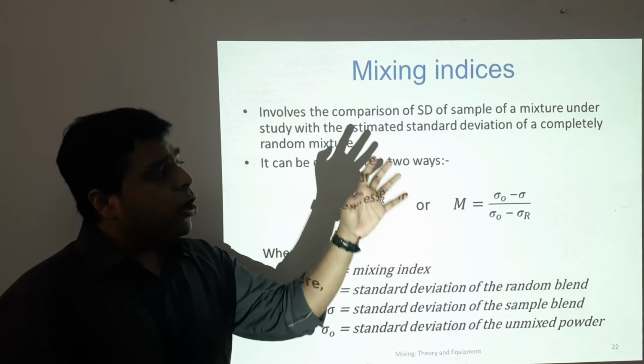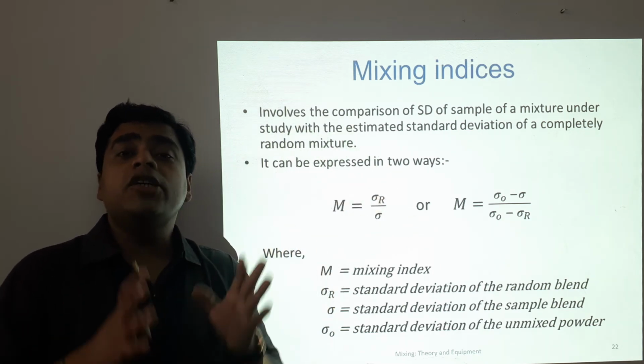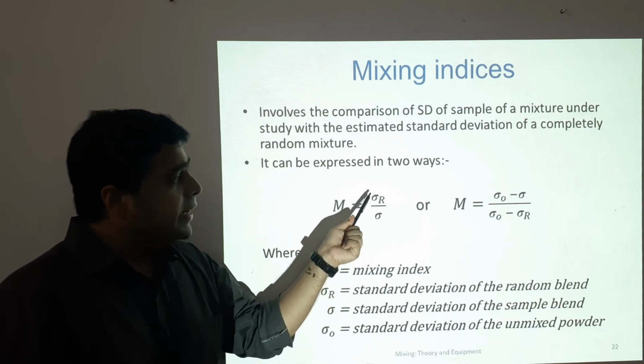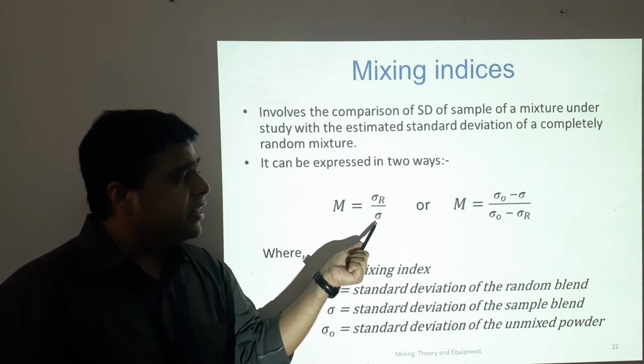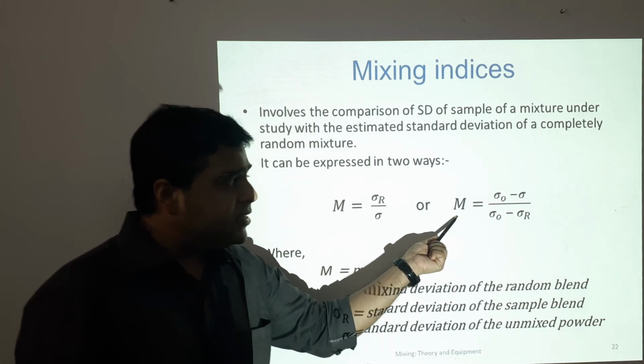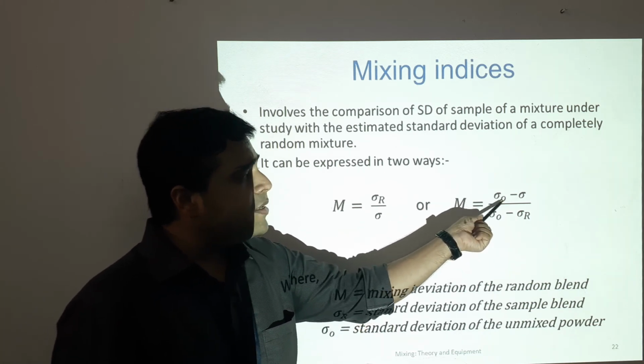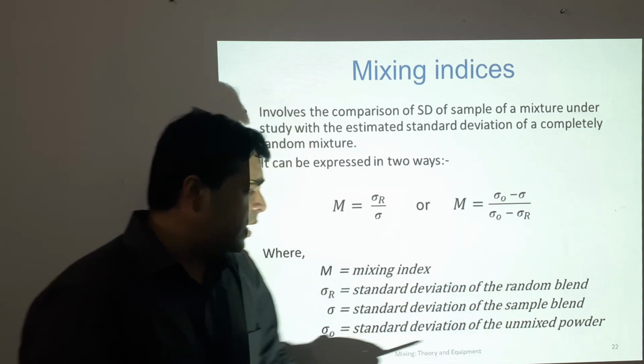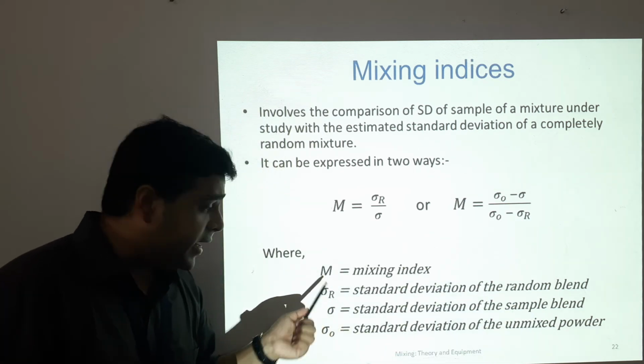It can be expressed in two ways: M, where M is the mixing index, is sigma R divided by sigma, or M is also given as sigma 0 minus sigma divided by sigma 0 minus sigma R, where M stands for mixing indices.